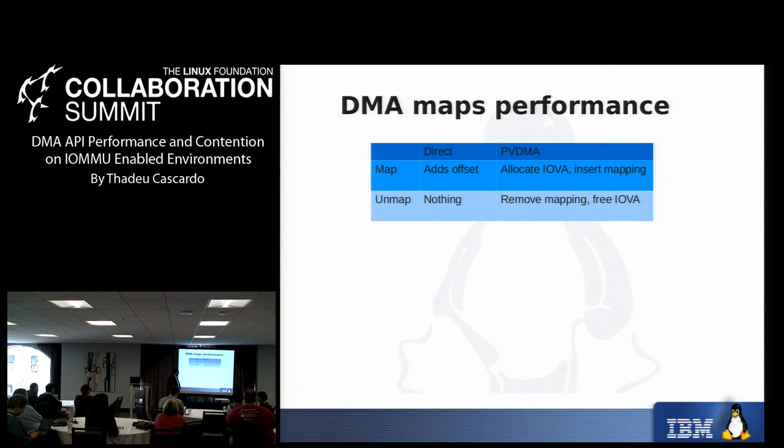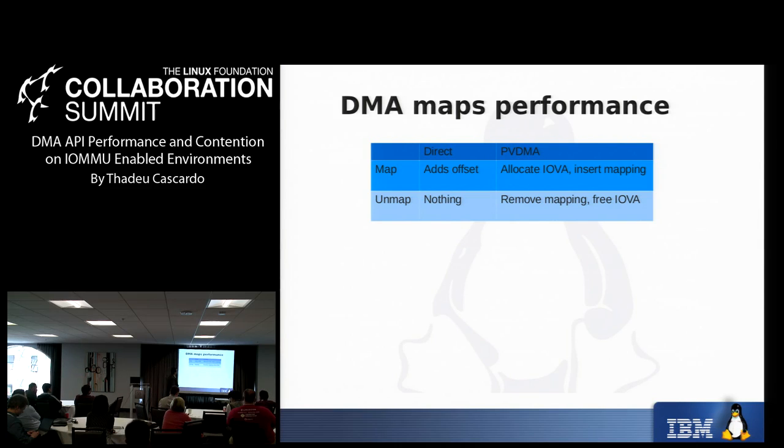If we have a direct mapping like that, where we map the whole guest memory before we start the guest, the only thing the guest has to do is add an offset. In fact, it's just doing the virtual to guest physical translation, and while mapping, it has to do nothing at all. But when we do paravirtualized DMA, we have to allocate the IO virtual address and then insert the mapping into the IOMMU.